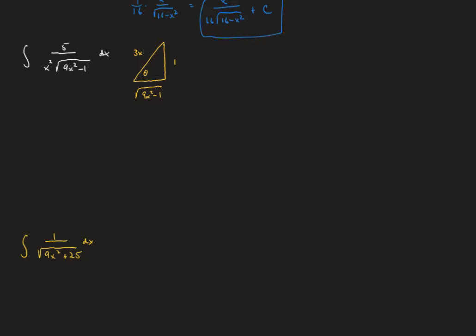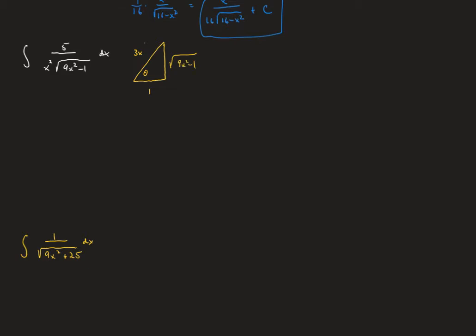So if we do, we want to pair the x with the constant. So that would mean that opposite over hypotenuse would be a sine. We want to make it hypotenuse over opposite. That would be a cosecant. But we don't want a cosecant, so I got those in the wrong order. So I'm going to switch those. So we're going to call this side the 1, and this side the square root of 9x squared minus 1.